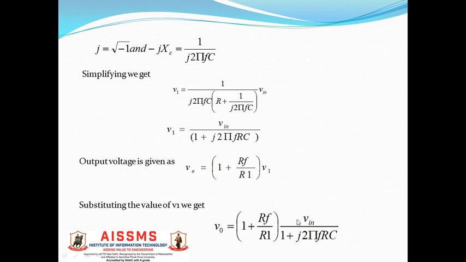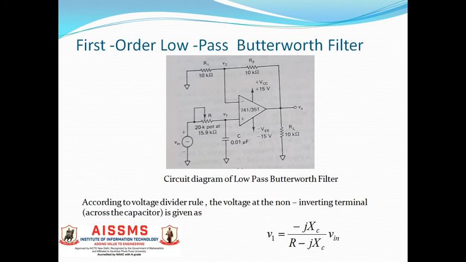minus jXC upon R minus jXC into V in. We know that j is equal to root of minus 1 and minus jXC is equal to 1 upon j 2 pi fC. Now if we substitute this value in the previous equation, minus jXC is 1 upon j 2 pi fC.